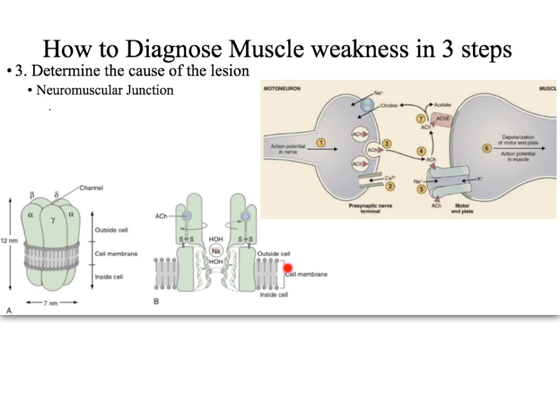Over here is a more diagrammatic view of that same protein channel, and you'll notice that we have 2 alpha units. The alpha units are where ACH will bind, and it takes 2 molecules of ACH binding to this channel to cause it to completely open up.